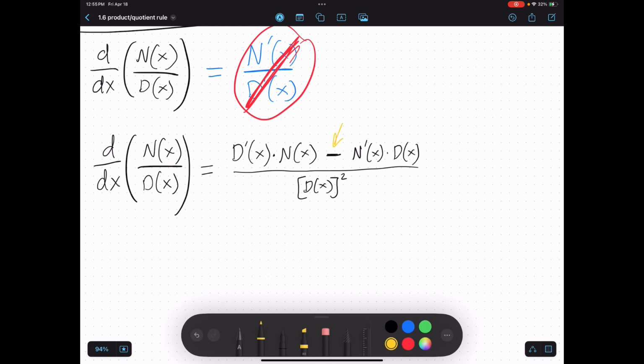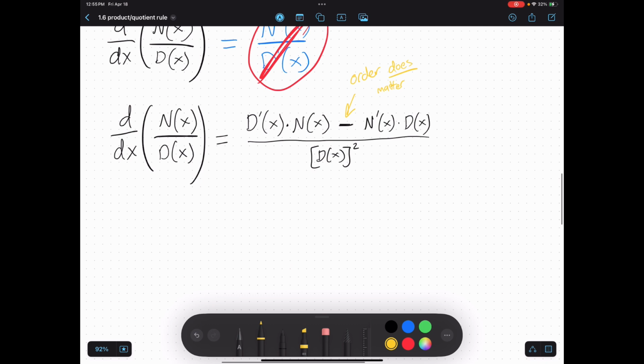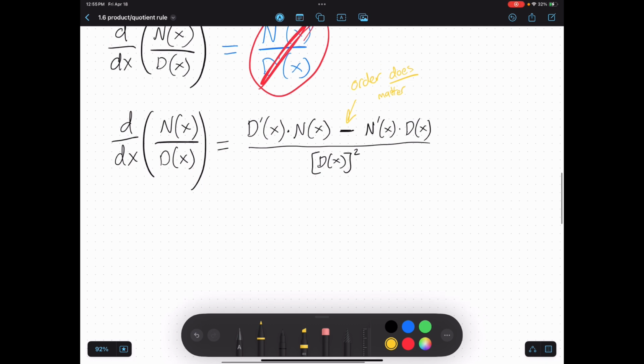That's one of the differences. So, with the quotient rule, the order does matter. We always start with the derivative of the bottom times the top function. And that's where it'll be nice. You'll have this on your formula sheet to always reference when you're going through this on the exams. So that's the quotient rule.